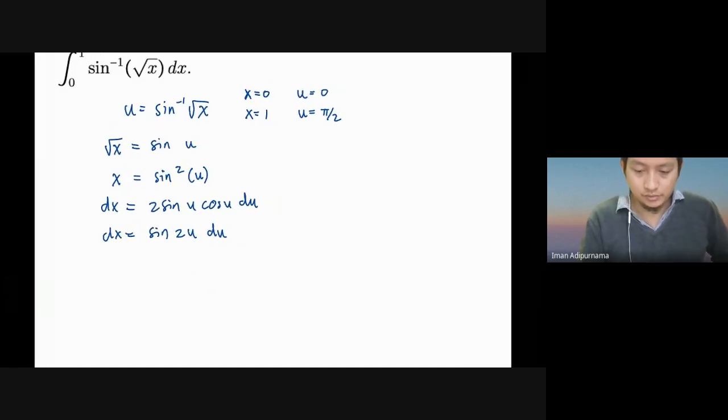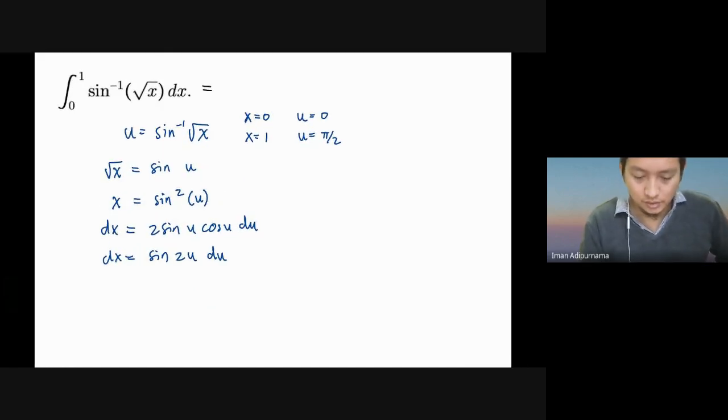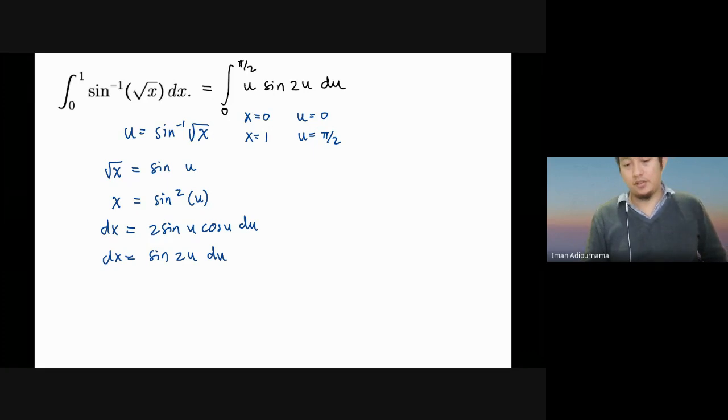So we can write down that this is equal to the integral from 0 to pi over 2 of u times sine 2u du. Okay, this is the first step.